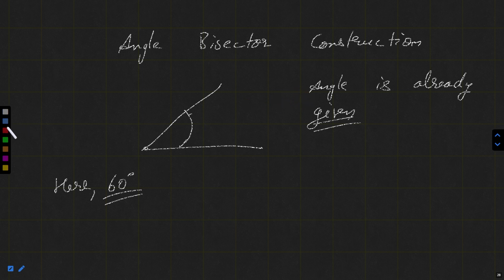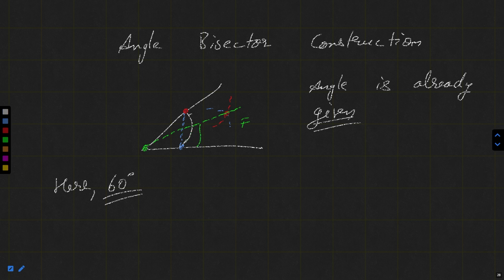So now taking this as our center and a radius more than half of this length, make an arc. Now shift the radius to this point and make another arc, and the intersection of the two arcs, blue and red, gives our new point, say F. Now joining the origin, the source of the ray, with the new intersection point F, we get our angle bisector.